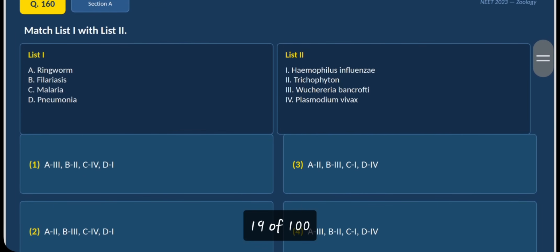List one, match the following. A, ringworm, you know that the scientific name is Trichophyton. Filariasis, Wuchereria bancrofti. Malaria, Plasmodium vivax. Pneumonia, Haemophilus influenzae. So A2, B3. We have to look into that option. A2, B3, C4, so the second option is correct.